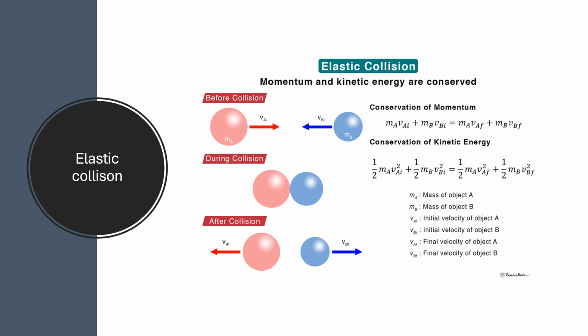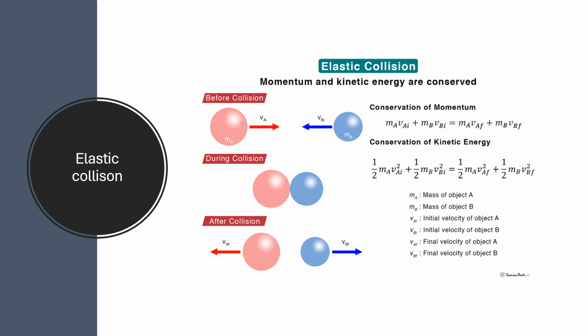In a perfectly elastic collision, when two bodies collide with each other, there is no change in the total kinetic energy of the system. It means that there is no transformation of energy in the form of heat, noise, etc. It is a special case of elastic collision.